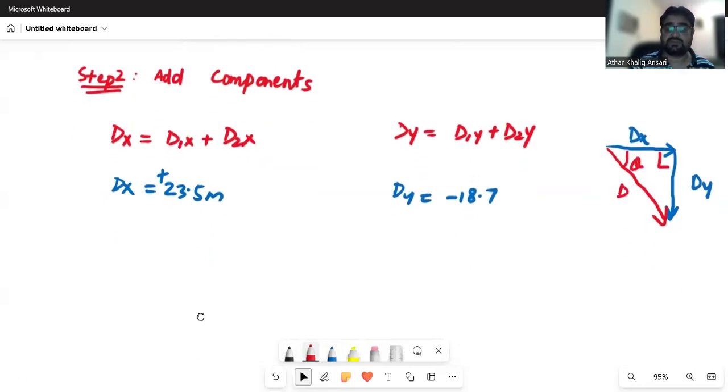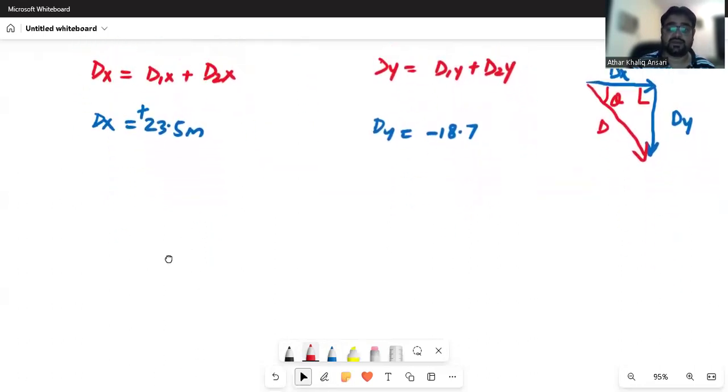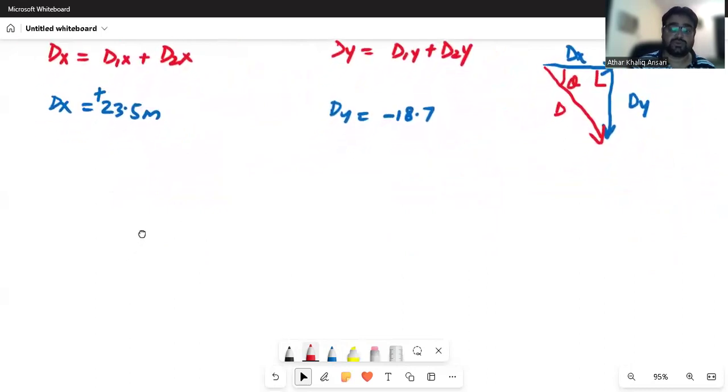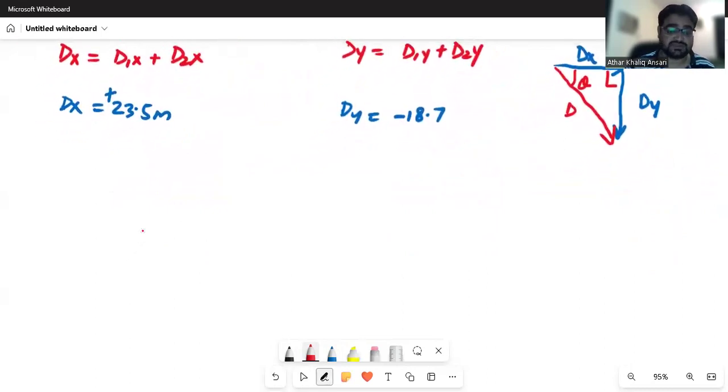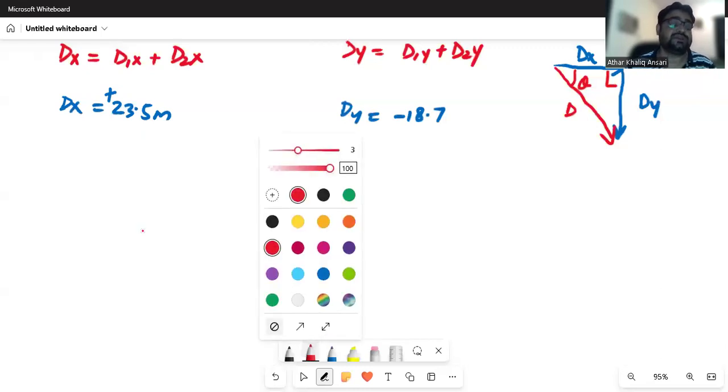Where is step 3? Step 3 is finding the resultant displacement, so find d.